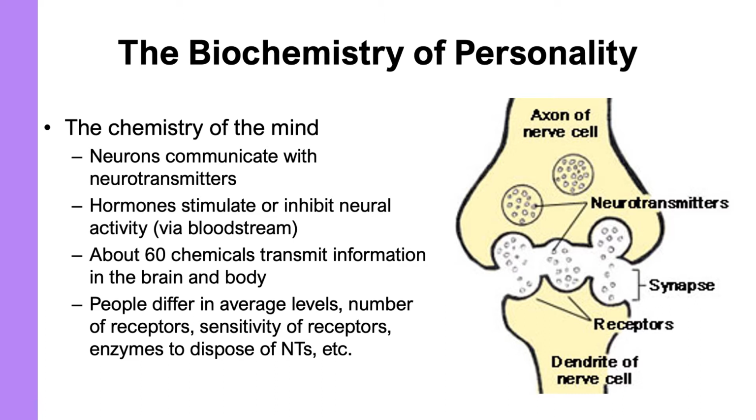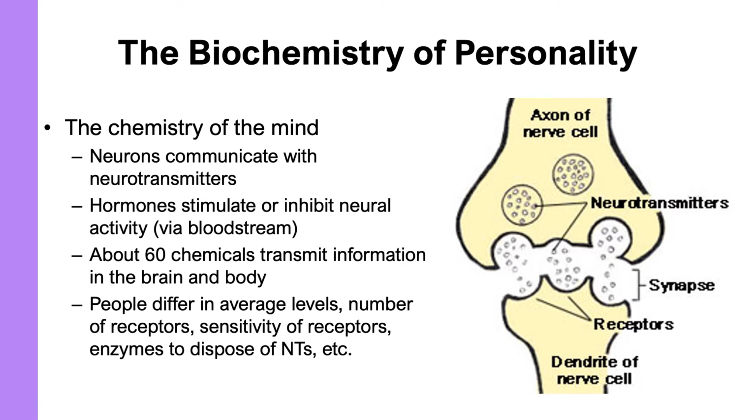People can also differ in the amount of those enzymes that are present to break down neurotransmitters. Neurotransmitters, once they're in the synapse, will continue to hit those receptors and send that chemical message as long as they are there, or until they're broken down by those enzymes, or until they are flushed out of the synapse, or until they are brought back into the synaptic vesicles to be used again later.